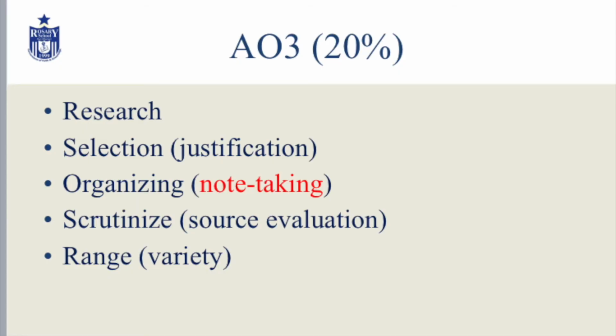Have a range, or a variety. It's obvious that what you're searching for is not biased. So let's say you're just using certain information from a certain author or a certain organization, then if the organization is reliable, then it's fine. But the point is, you're showing that more than one source is discussing the same argument, right?